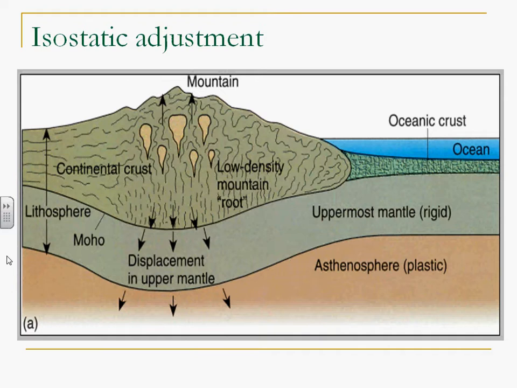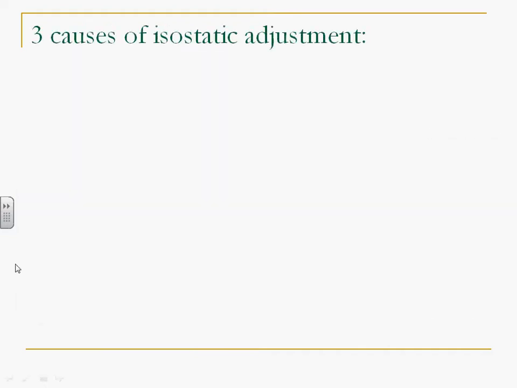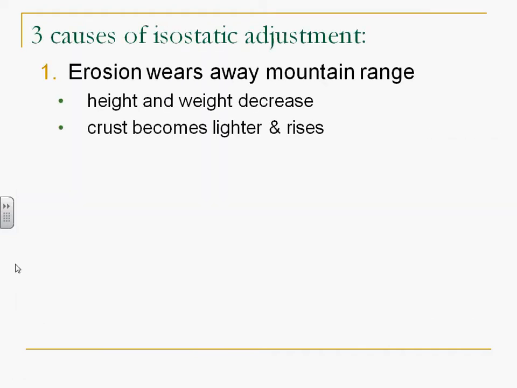We're seeing changes. All right, so what are the causes? Well, erosion. Our mountain is worn away, it got lighter, and it's pushing up. That's number one. So if we lose material, it's lighter. I'll give you an example. If I put a semi-load of gravel on top of something, and I take half of the semi-load away, it's still heavy, would you agree?